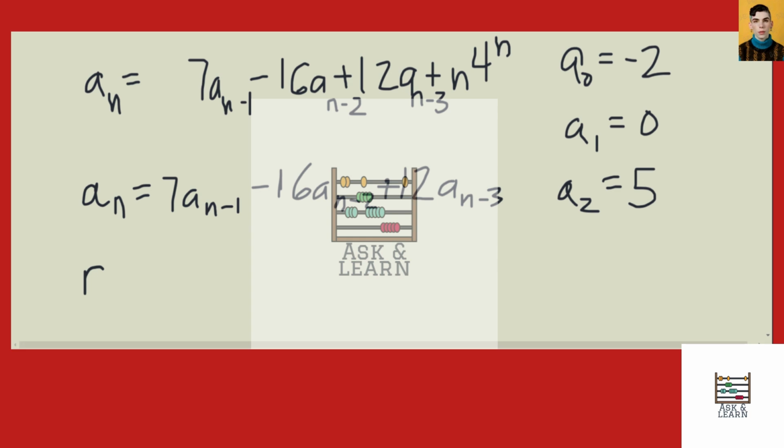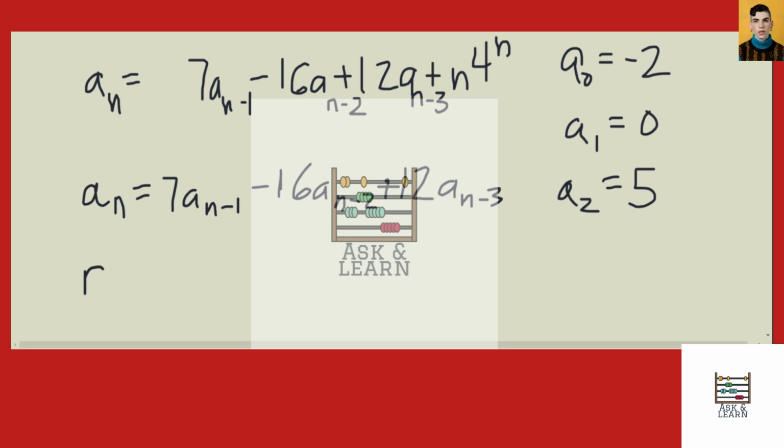This is a linear non-homogeneous recurrence relation. The associated linear homogeneous recurrence relation is a_n equals 7a_{n-1} minus 16a_{n-2} plus 12a_{n-3}.